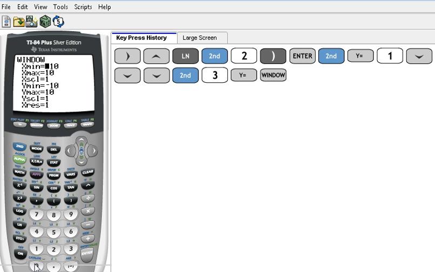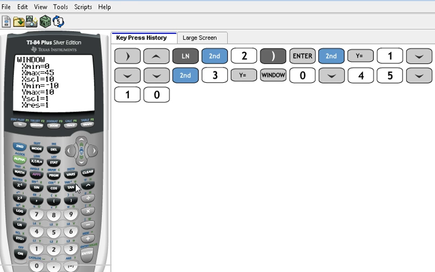So we'll have x min 0, x max 45, and we'll let the x scale be 10.